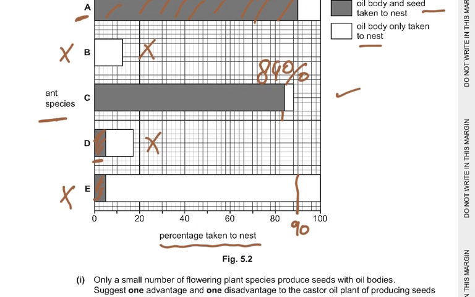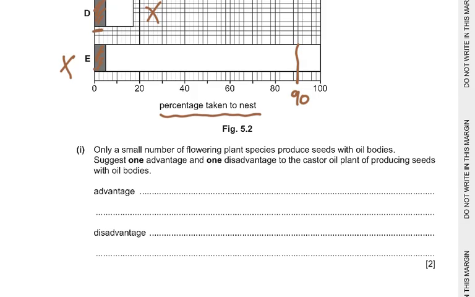Now let's look at the question. Only a small number of flowering plant species produce seeds with oil bodies. Suggest one advantage and one disadvantage to the castor oil plant of producing seeds with oil bodies. Advantage: increases seed dispersal. Disadvantage: it requires more energy, because it will require more photosynthesis, more glucose, and this glucose is going to be used in lipid synthesis, because it's going to have this oil body.